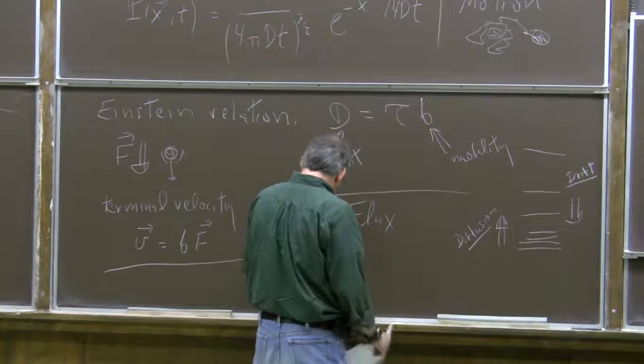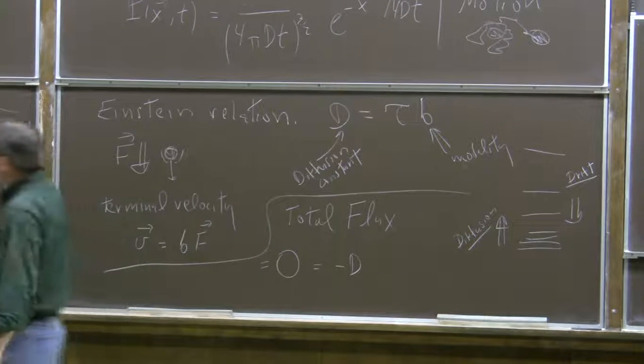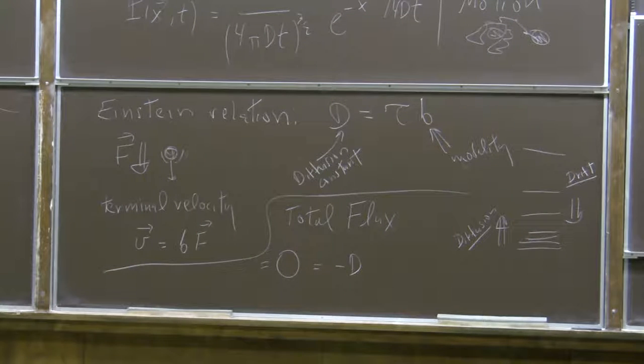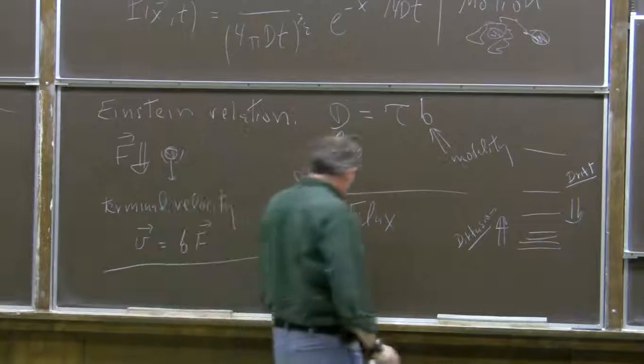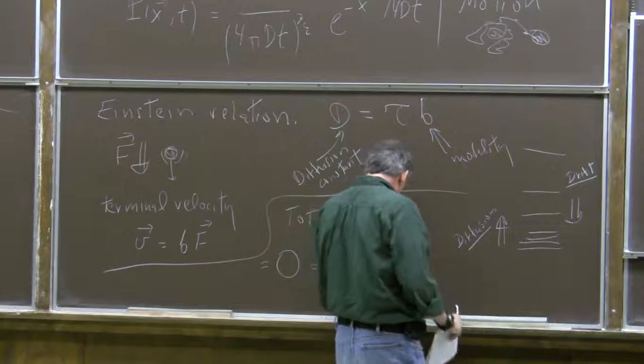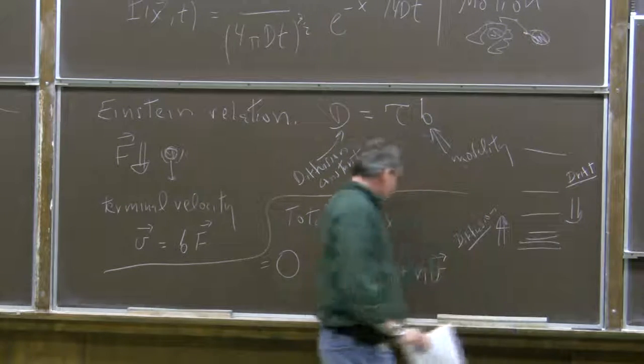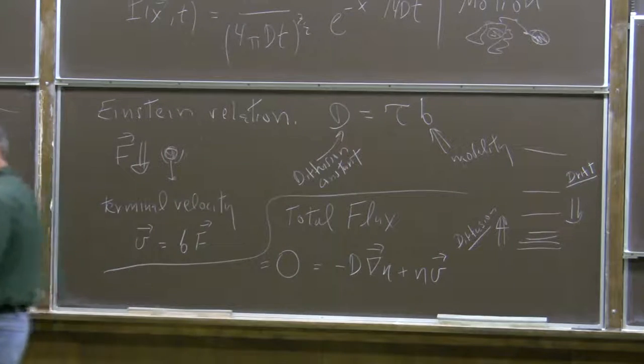There is the diffusive contribution, this law of diffusion, that there's a flux proportional to minus the gradient of concentration. And there's the contribution, which is just concentration times drift velocity, which is what the flux would be if there were no diffusive contribution.